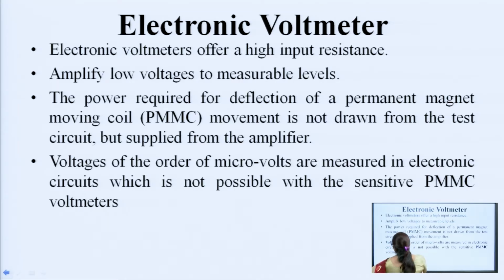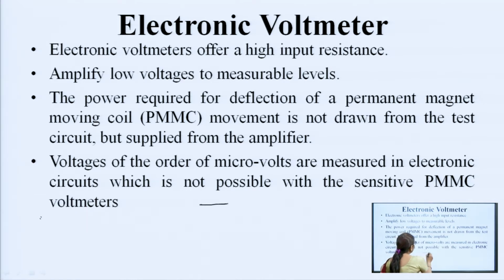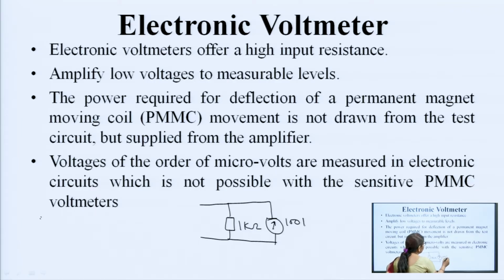Suppose we are using a PMMC instrument. Suppose this is a resistance of 1 kilo ohm, and we are using an electrical instrument which has an input resistance of 100 kilo ohm.